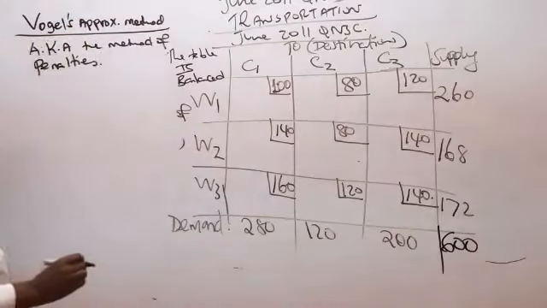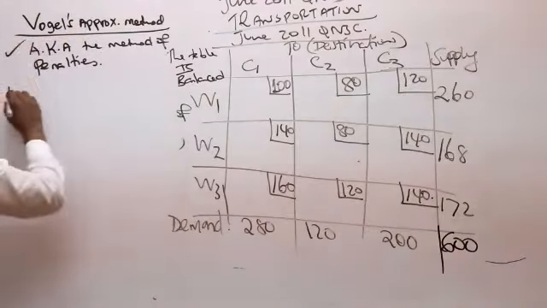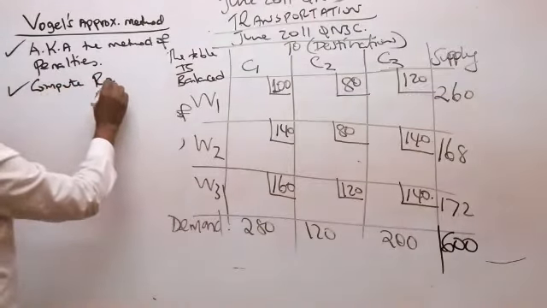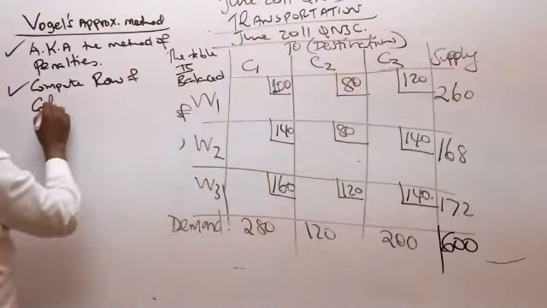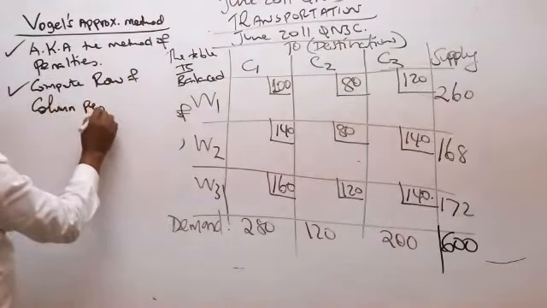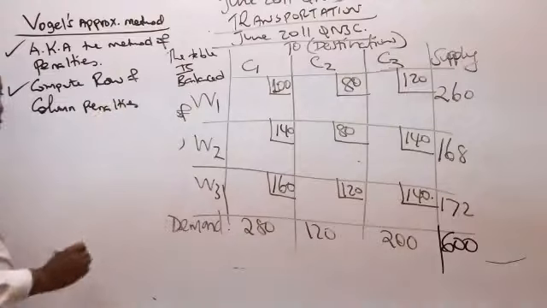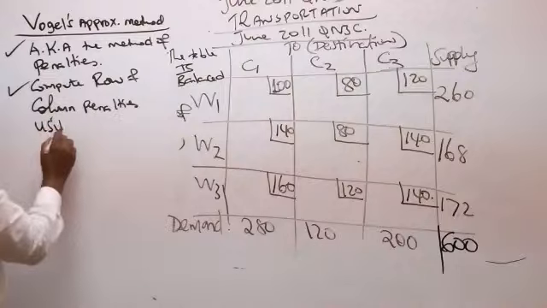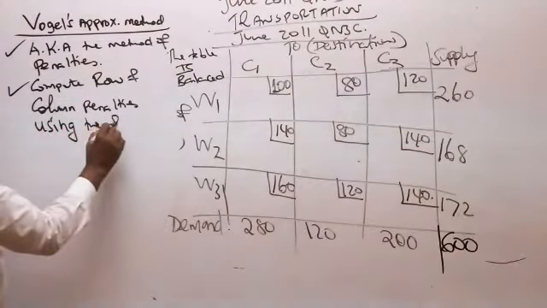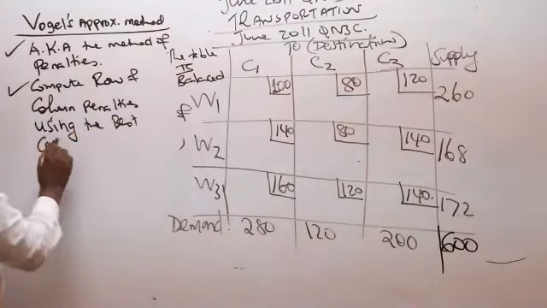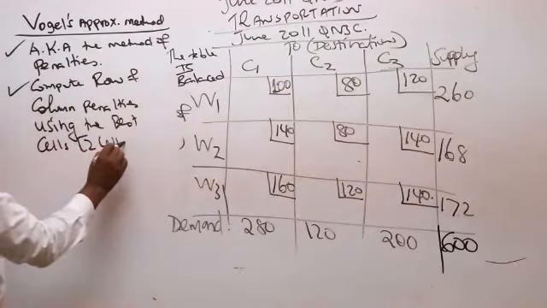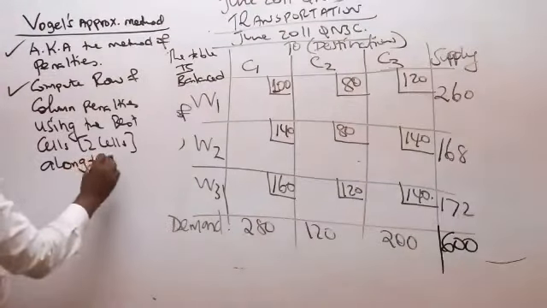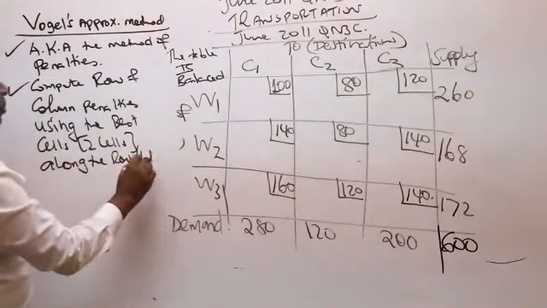So what are we required to do? We are supposed to compute row and column penalties using the best cells, and these are normally 2 cells along the row or column.